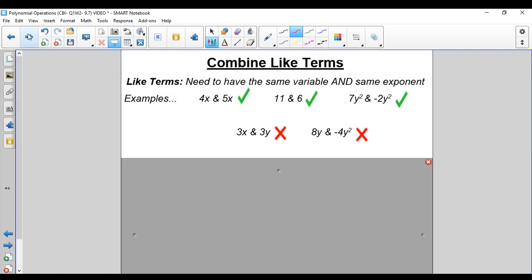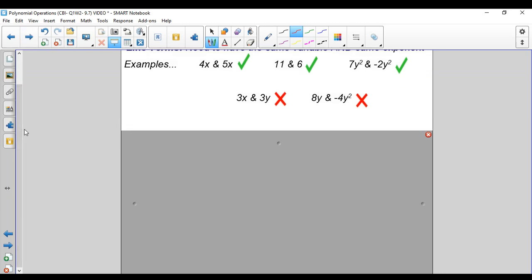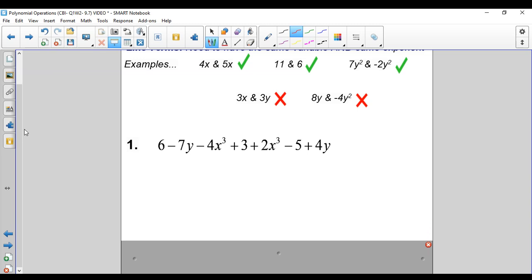Combining like terms. Like terms need to have the same variable and the same exponent. You got some examples there. Check marks, those are like terms. X's are for ones that are not like terms, obviously. So let's check a couple of these out. Got a couple of examples here. We got different terms.